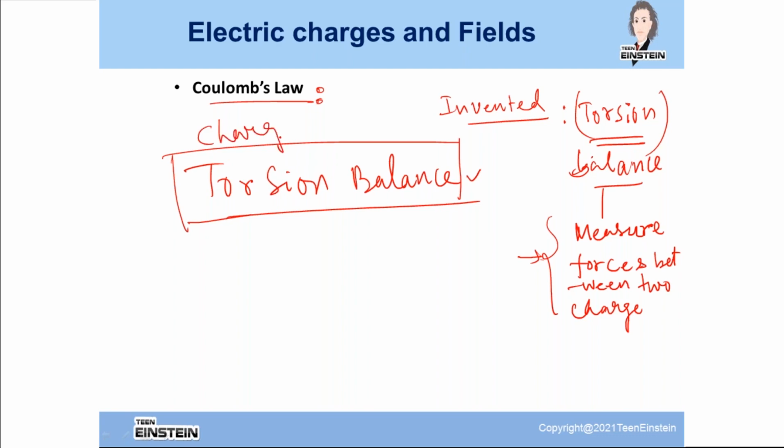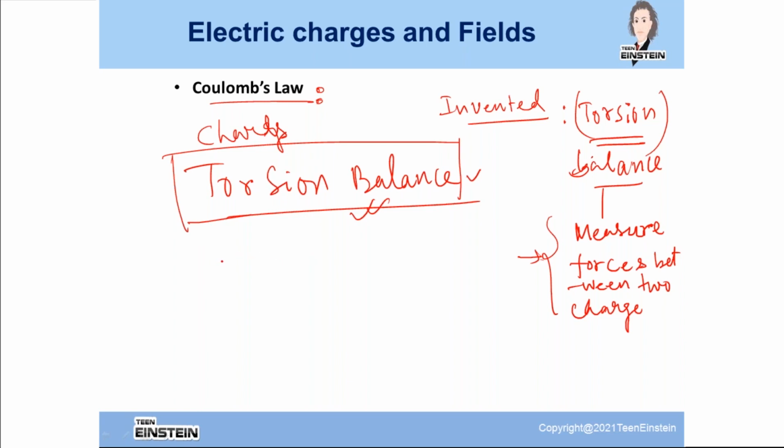Charles Augustin de Coulomb, the same person who invented this law. He found what the force is between two point charges.